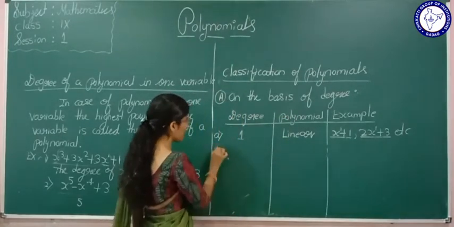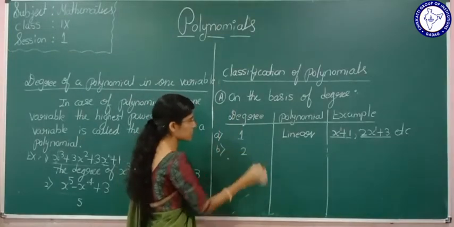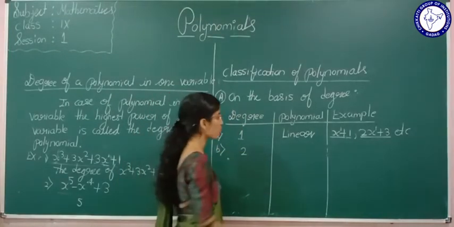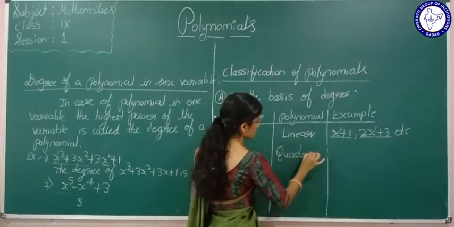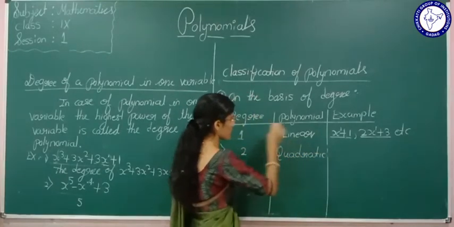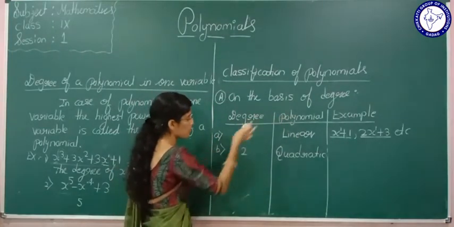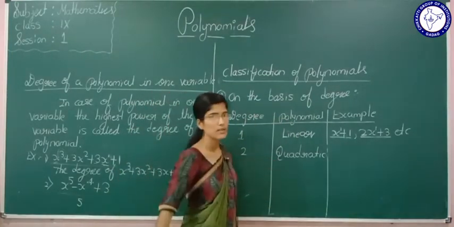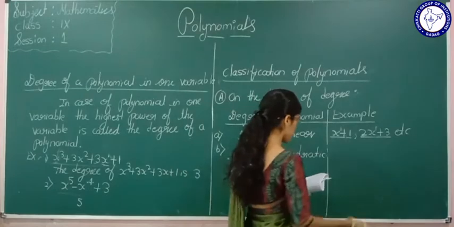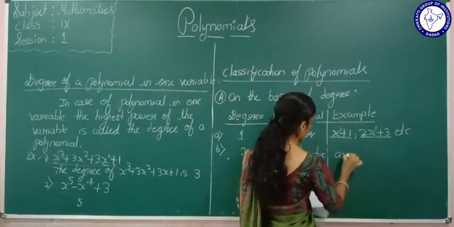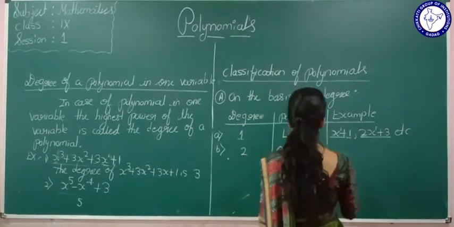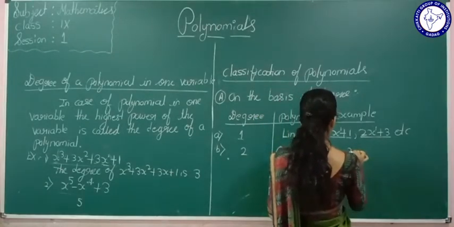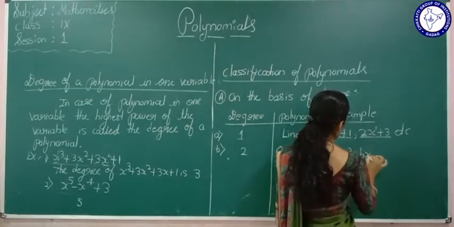Next here, if the degree of the polynomial is 2, that is called quadratic polynomial. We will see the examples. See here, ax square plus bx plus c.